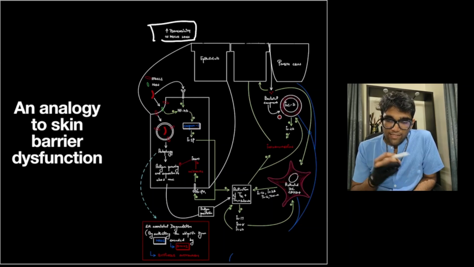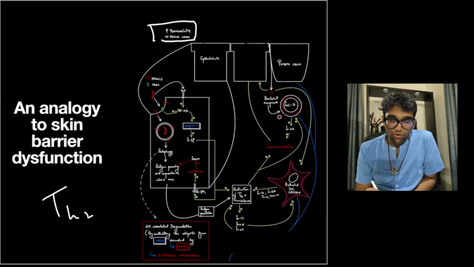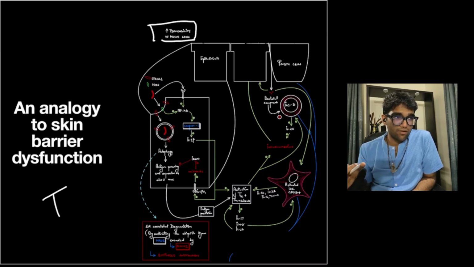Now that increased permeability of the intestinal mucosa results in proteins leaking in from in between the cells. And as I discussed earlier, that would result in, like in atopic dermatitis, a runaway Th2 followed by Th22 polarization, which will cause more epithelial barrier dysfunction, which would again result in the same thing.